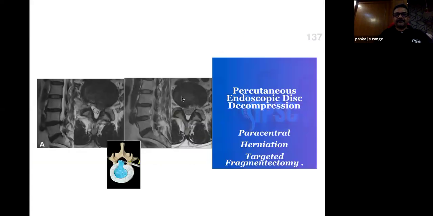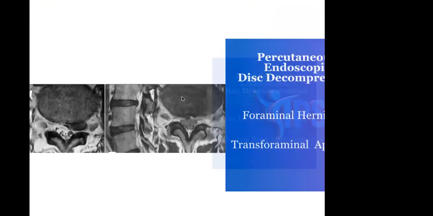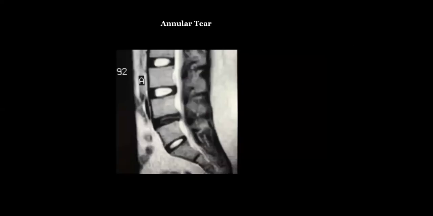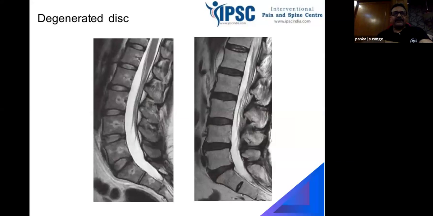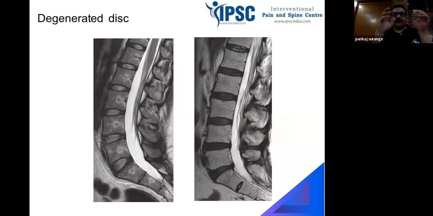Now look at this MRI. What sequence? What section? T2. Very good. Sagittal T2. Right side, left side.